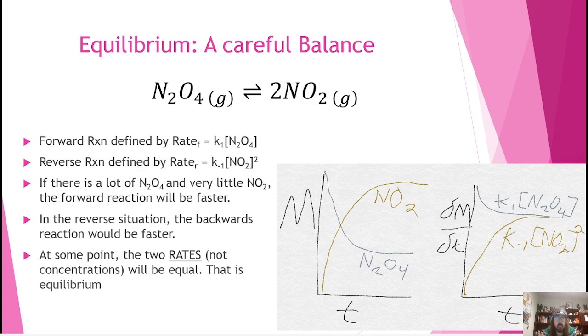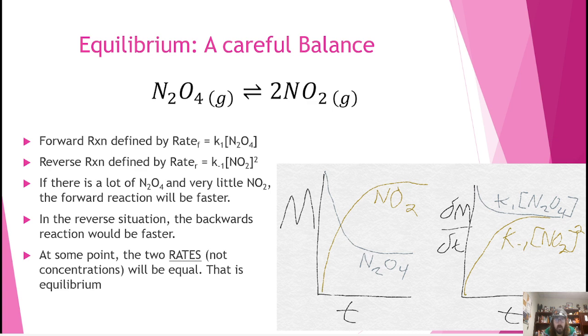Generally speaking, take the forward reaction of this reaction, N2O4 breaking apart to 2 molecules of NO2. The forward reaction is simply defined as k1 times N2O4. It's a first order mechanism of N2O4 breaking apart. The reverse reaction has its own k constant, and it's a second order reaction, where 2 NO2 molecules have to collide.